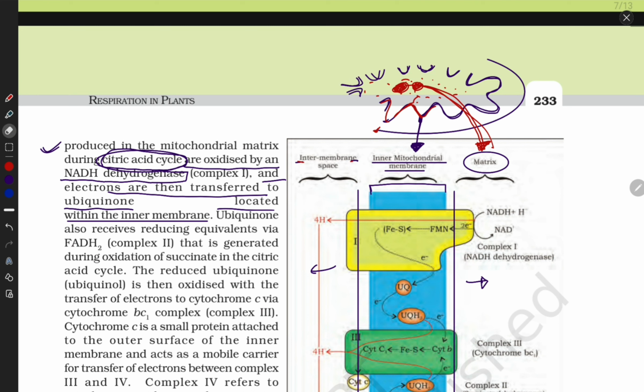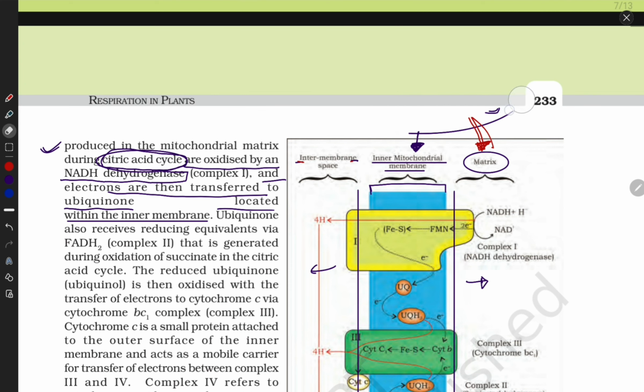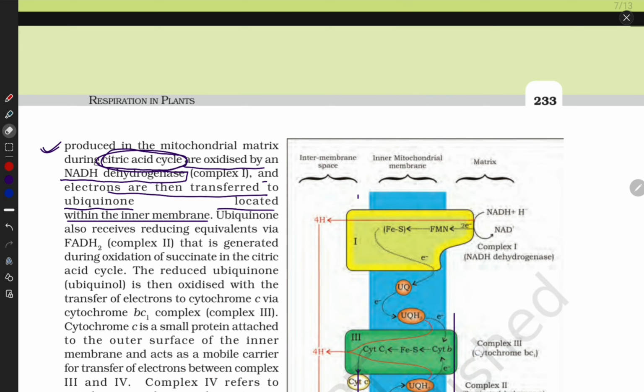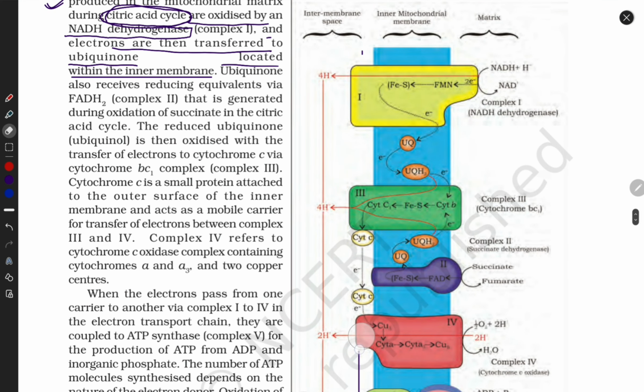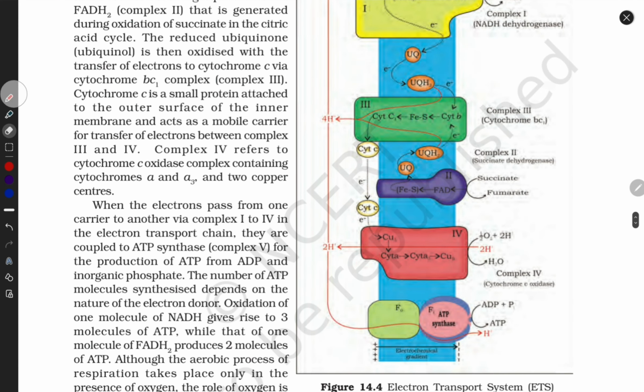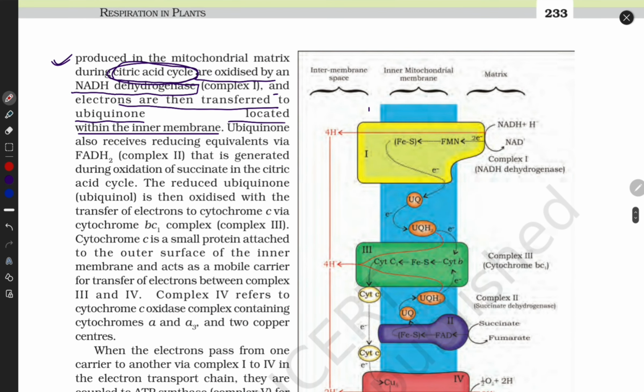So this inner layer contains some complexes. One by one we are going to study these complexes. Let's start. This is complex first, located in the inner mitochondrial membrane.